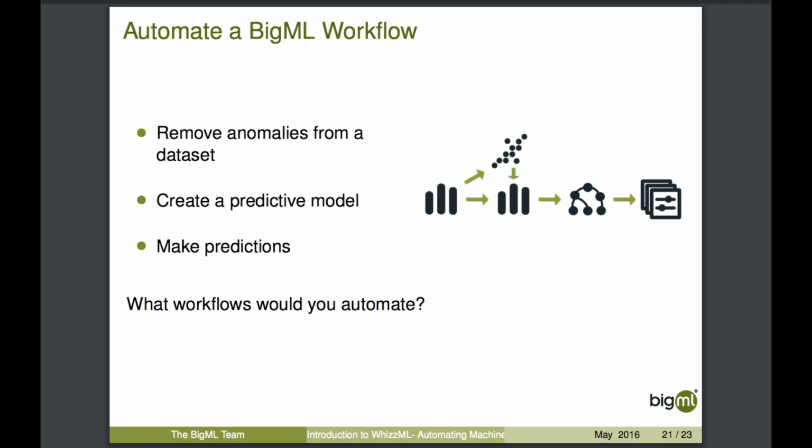One we thought of was removing anomalies from a data set. We have a data set, we need to create an anomaly detector, run the data set through it, create a new data set without those anomalies, and then maybe create a predictive model and some batch predictions based off that, right?